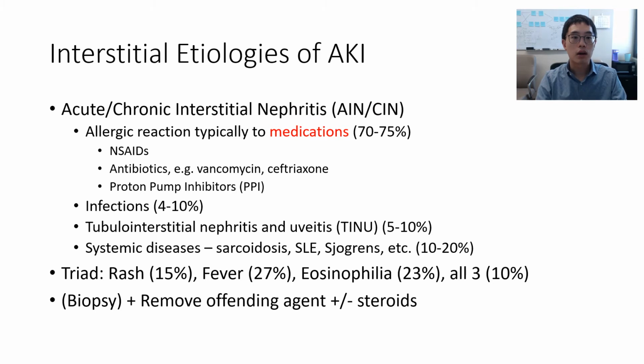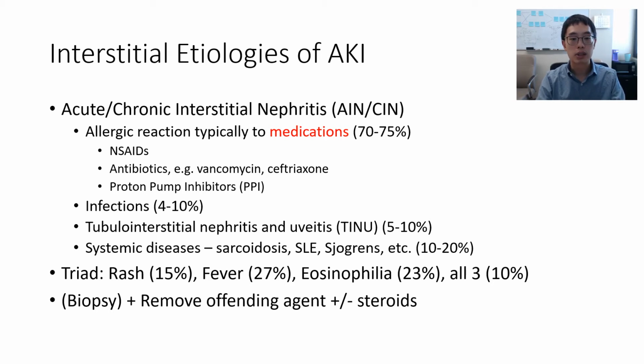So the next are interstitial etiologies of acute kidney injury. Usually acute interstitial nephritis or chronic interstitial nephritis are basically allergic reactions to different types of medications. These encompass about 70 to 75% of all cases of AIN and CIN that you'll see.